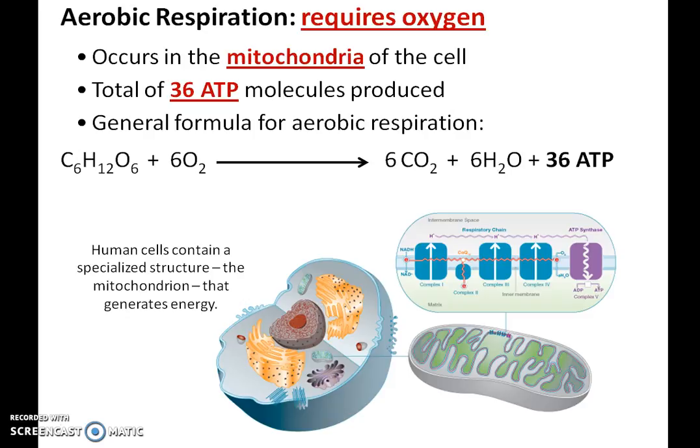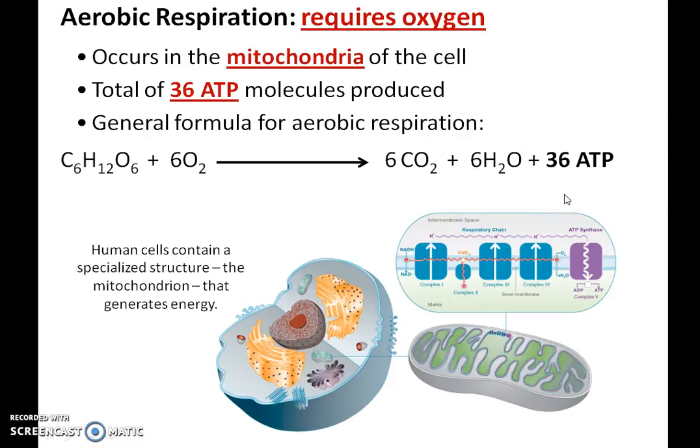Now, notice something here. If you put the photosynthesis formula underneath this, you will find that all you have done is switched the products with the reactants and the reactants with the products. So it is the exact opposite. The only thing we are adding is 36 ATP.